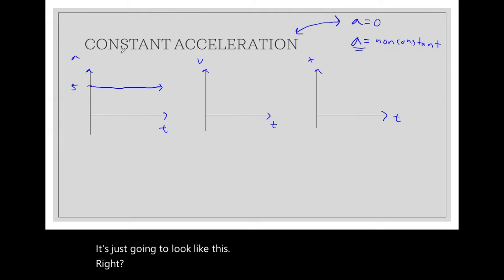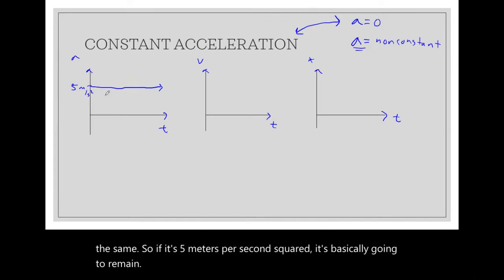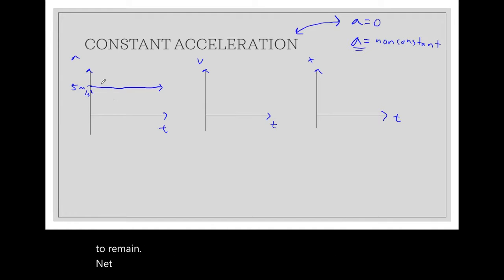Because constant acceleration just means whatever the acceleration is, it stays the same. So if it's 5 meters per second squared, it's basically going to remain that throughout time. Okay, cool. So that's how an acceleration versus time graph would look.